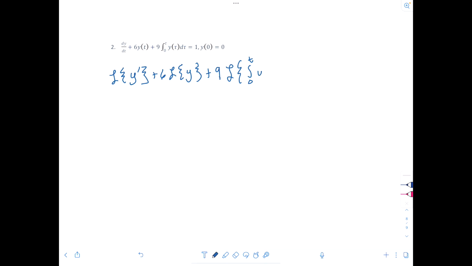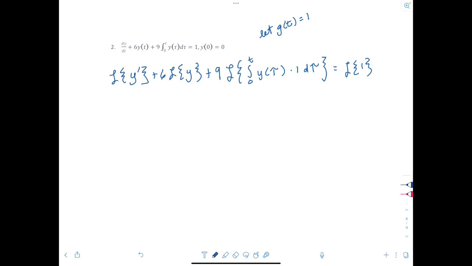We're going to use that trick, so we have y(tau) times 1, so we're going to let g(t) equal 1, d tau, and then that'll be the Laplace transform of 1.